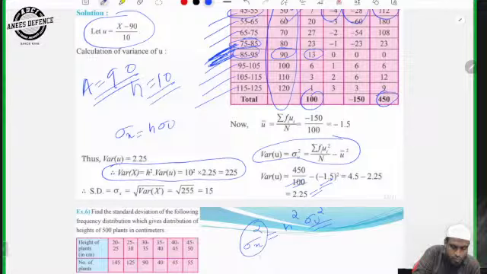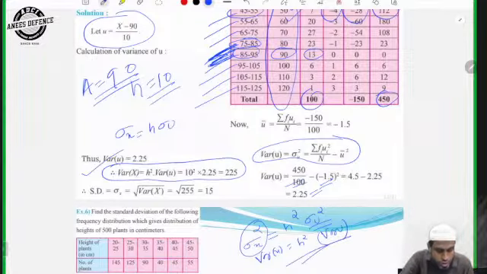That is, the variance of x is equal to h square into the variance of u. That formula is used here. So the variance you got is 2.25, h square is 10 square, so you'll be getting 225.